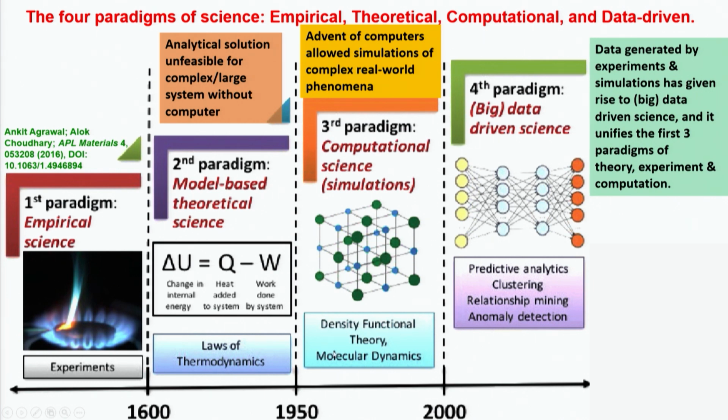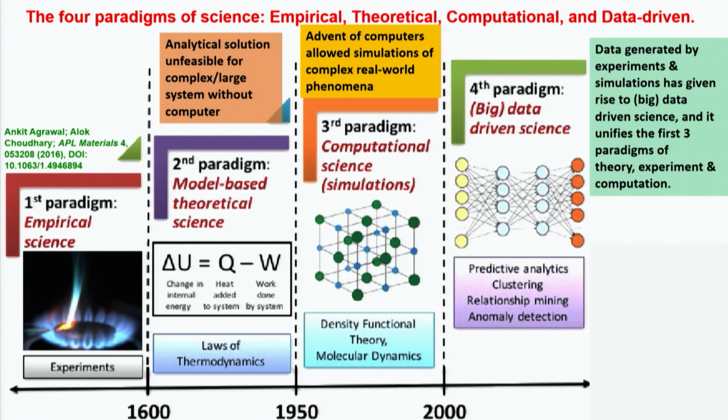But the fourth paradigm comes when it is big data-driven science, where you have predictive analysis, clustering, relationship, data mining, anomaly detection and all. Now this data-driven science requires data. Where do we get the data from? We get the data from experiment, or from the third paradigm, computational science. So there is a direct linkage between computational science, DFT or MD simulation, and AI/ML.